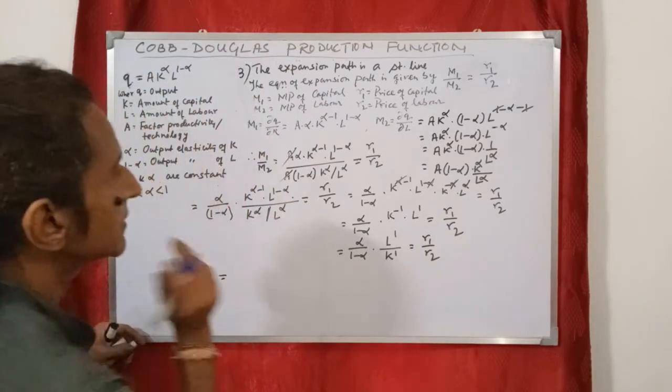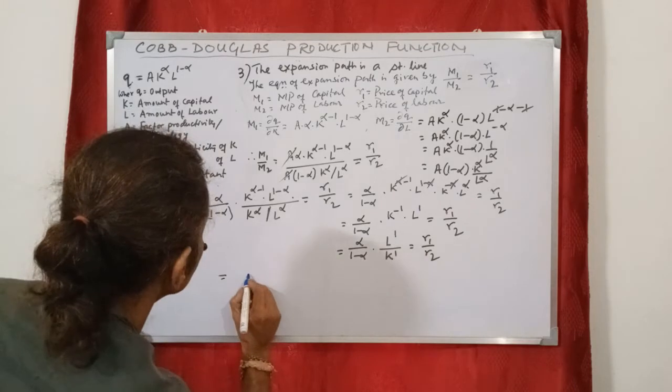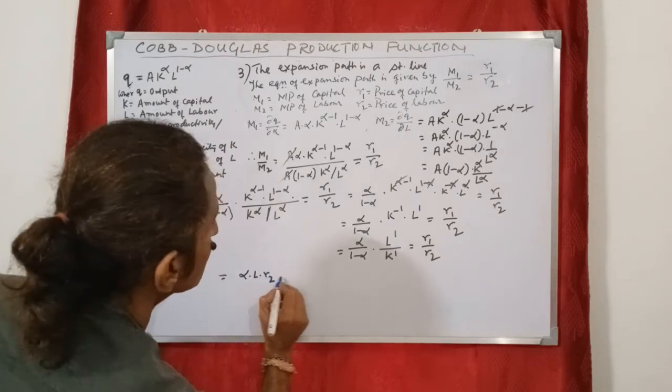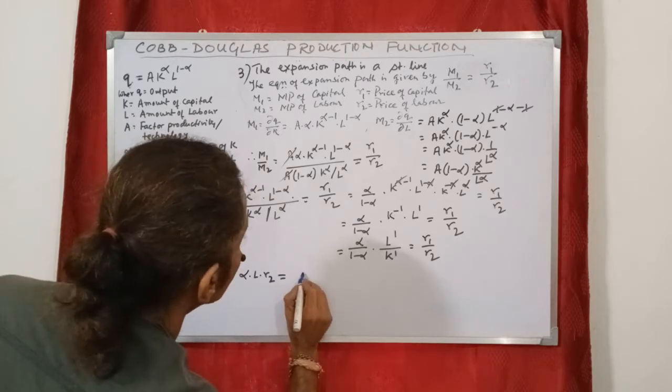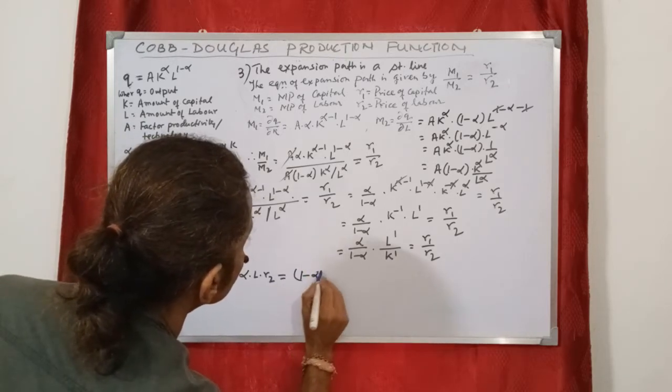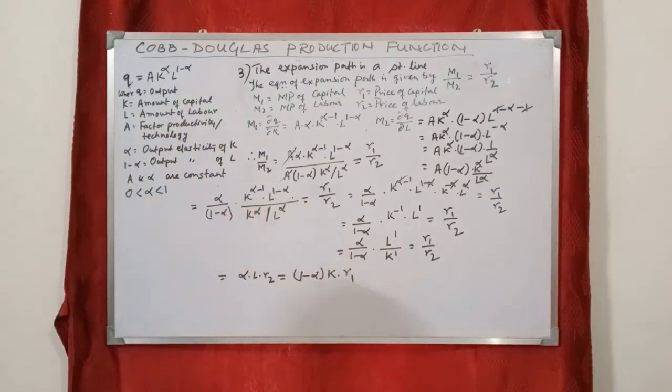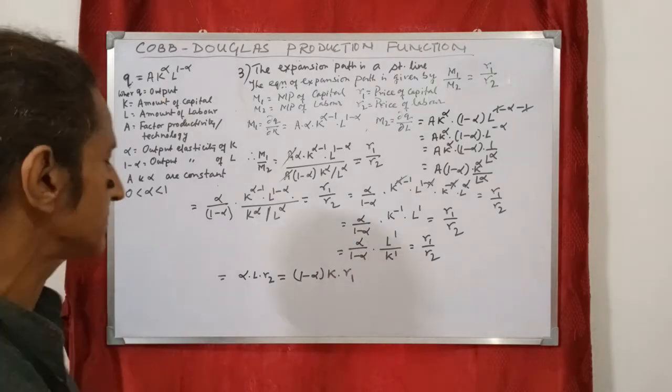Now this is equal to what? Alpha into L into R2 equals to 1 minus alpha into K into R1. So just cross multiply it.